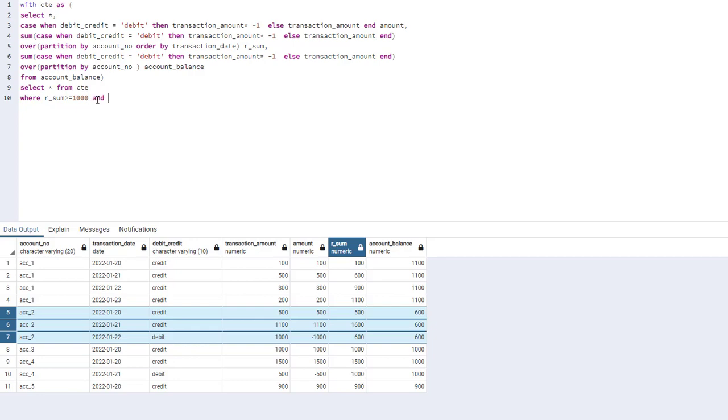and the account balance is greater or equal than 1000. Okay.